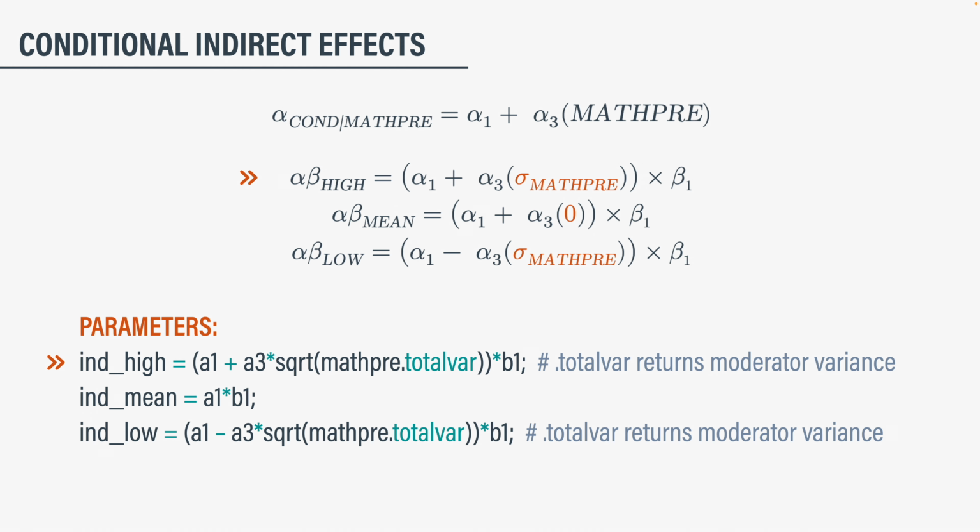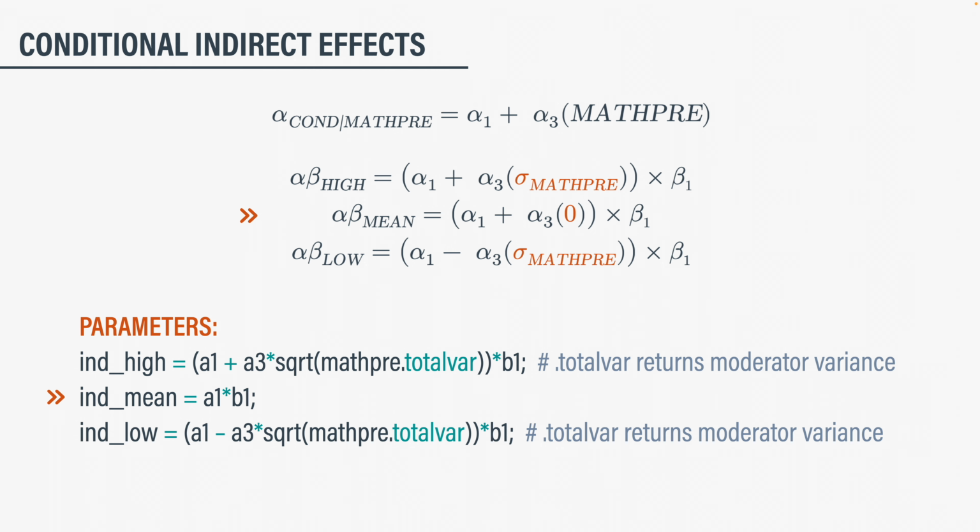So that's going to access the variance of the pretest scores at each MCMC iteration. And then notice that I'm taking the square root to get the standard deviation. So the first line in the parameters command is simply computing the simple slope at 1 standard deviation above the mean, and then it's multiplying it by the B1 coefficient.